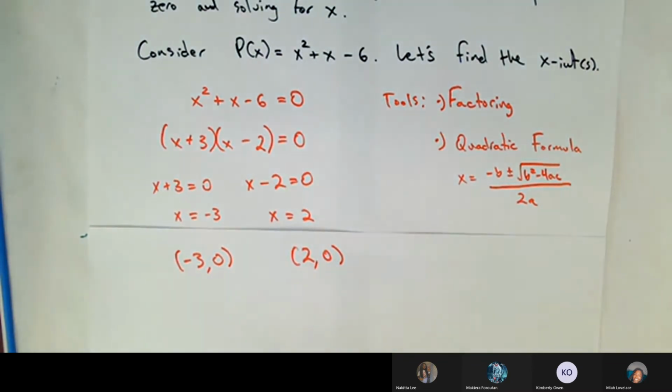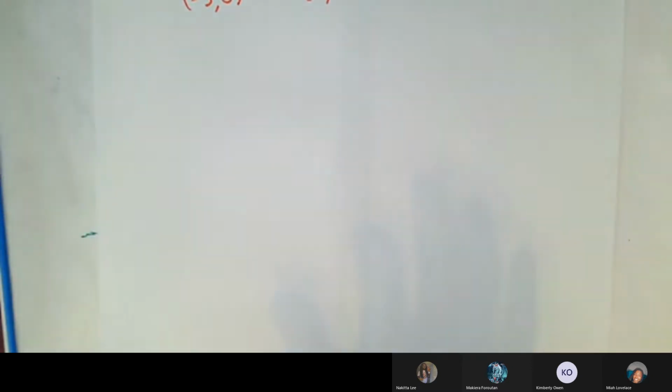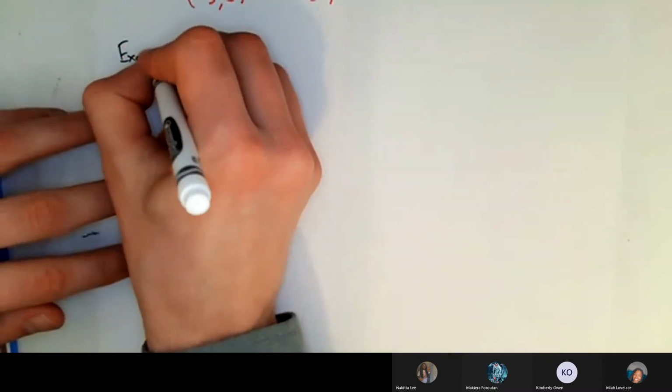So this is an example of what we'll be doing with higher degree polynomial functions, finding the x-intercepts. So what if we have a higher degree polynomial? Okay, I'm going to go ahead and enumerate this as example 2.